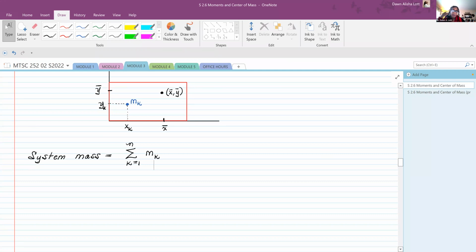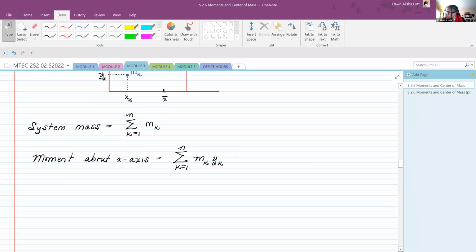Therefore, the moment about the x-axis requires us to sum up each mass times its distance from the x-axis, which is yk. And we call this thing Mx.